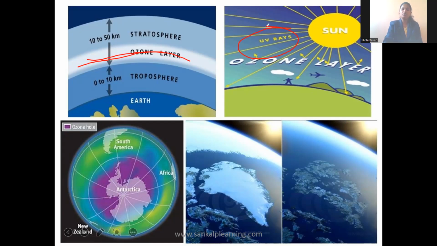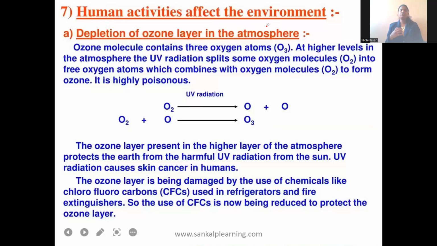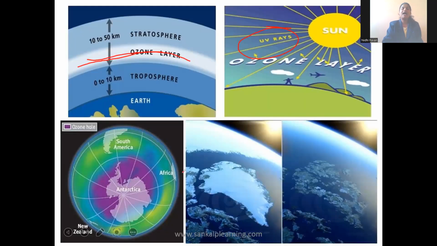Due to our extensive use of chlorofluorocarbons, which are used in refrigerators, fridges, and fire extinguishers, the ozone layer is directly or indirectly affected, causing holes in the ozone.